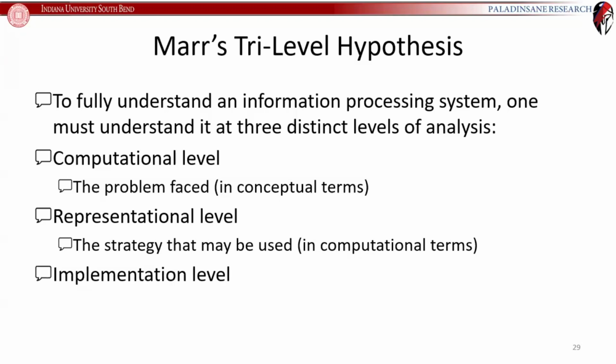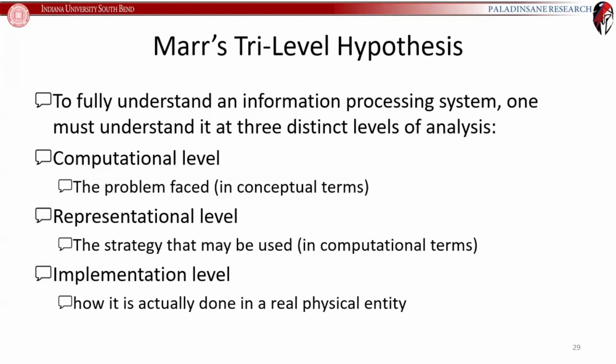And then finally, we have the implementation level, and that is how it is actually done in a real physical entity. How are level 1 and level 2 done in an actual real physical thing? So let's talk about each of those in turn, and then we're going to focus most on the representational level.